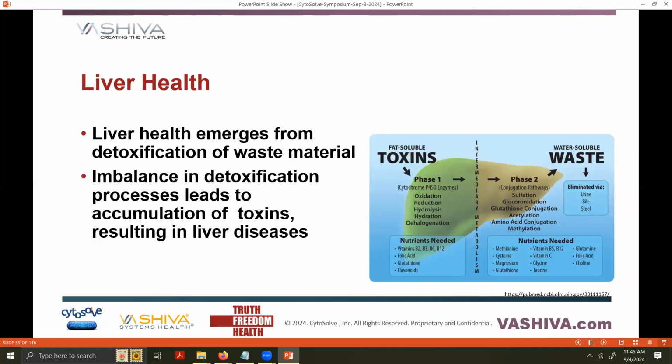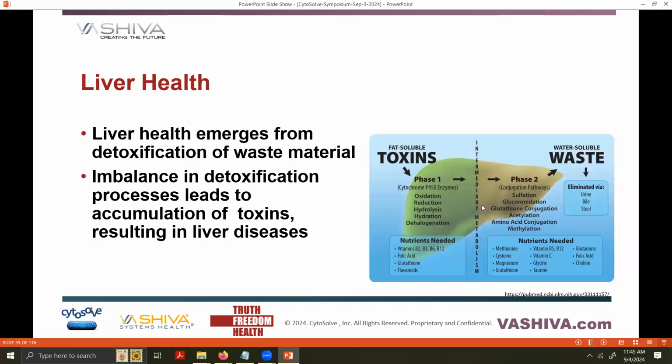If you look at the diagram on the right, you have fat-soluble toxins, and the nutrients needed to support that process are vitamins B2, B3, B6, B12, folic acid, glutathione, and flavonoids. That supports phase 1, eliminating fat-soluble toxins.